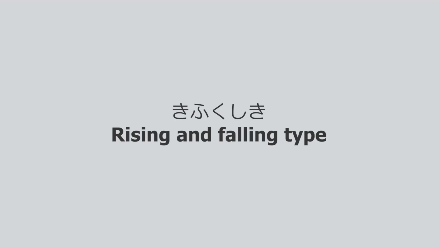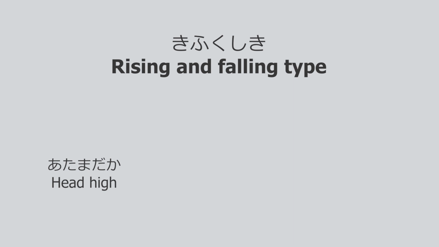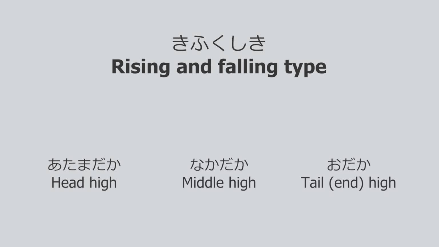The other group, kifukushiki, there are 3 pitch accent patterns here. And while I may sound like a lot, it will make sense in just a second. We have atamadaka, nakadaka, and odaka. So we have atama, naka, and o, which you can think of as head, middle, and tail.